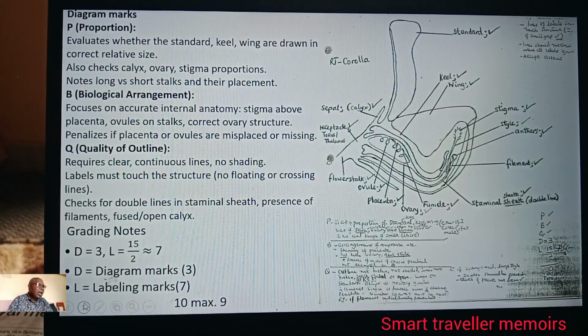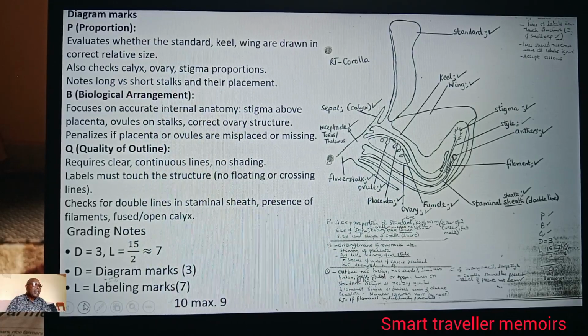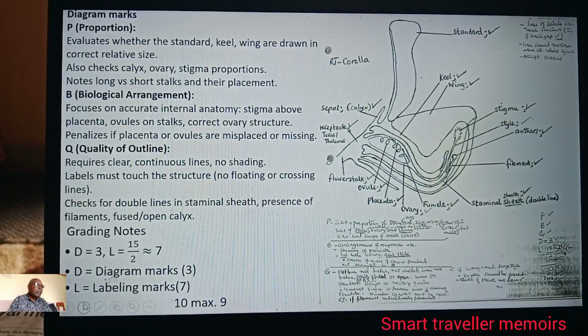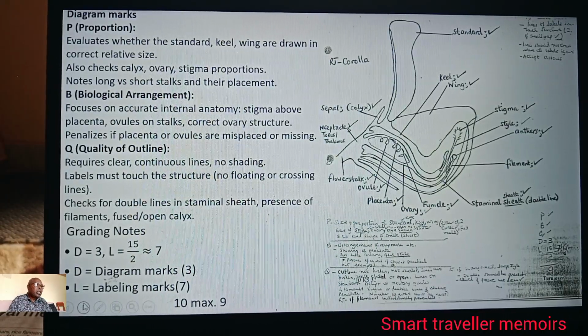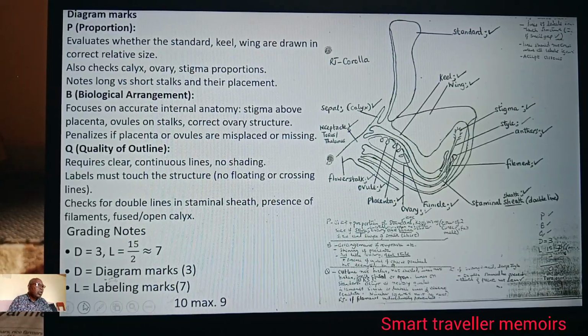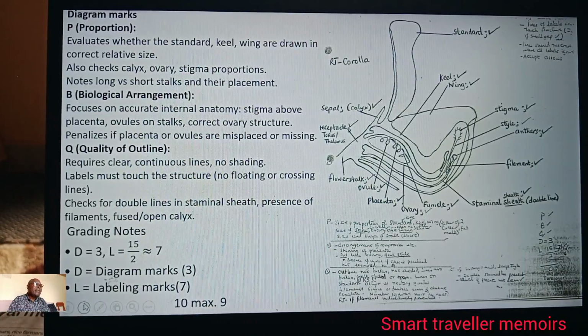So, how was it marked? We had 3 diagram marks, or drawing marks, and these ones were marked as follows. The first mark is represented by P, or proportion, where you look at the size, or you evaluate whether the standard, keel, wing are drawn in correct relative size.